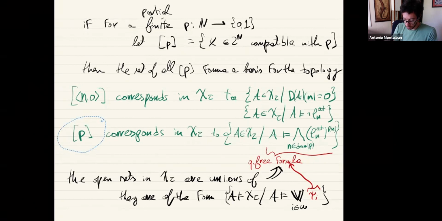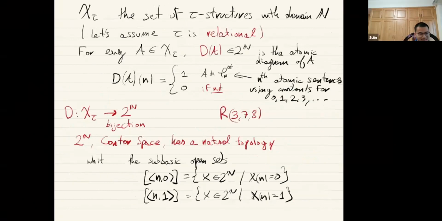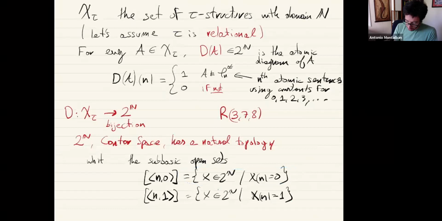Essentially, this one is a complement of this one. So if this one is open, this one is closed, and vice versa. So these guys are clopen, meaning they're closed and open. So this is a special kind of topology where we have a basis of clopen sets, not just open sets.